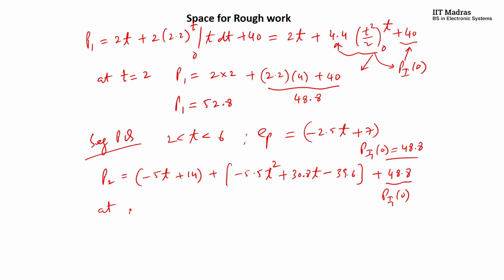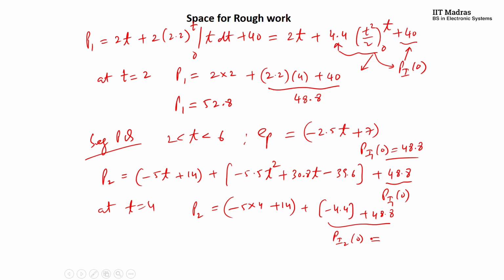So at t is equal to 4, what do we have? P2 is equal to minus 5 into 4 plus 14, plus minus 4.4, plus 48.8. The new integral component, which is called Pi2 of 0, will now be a little different, which is 44.4.